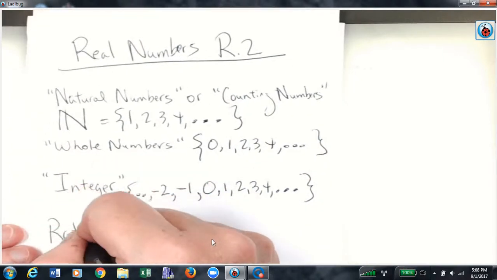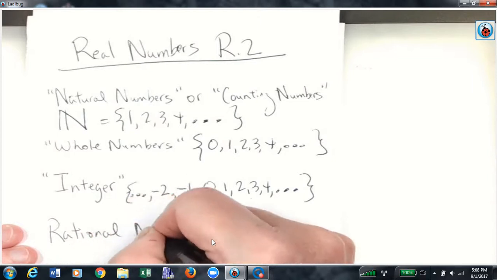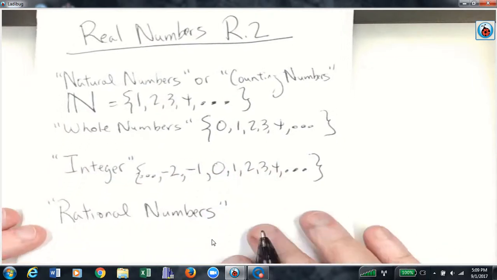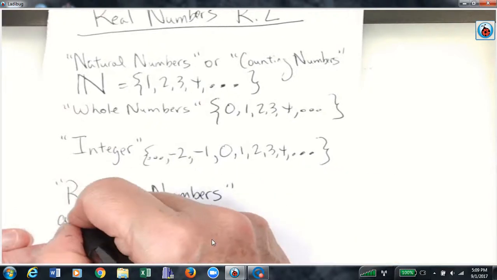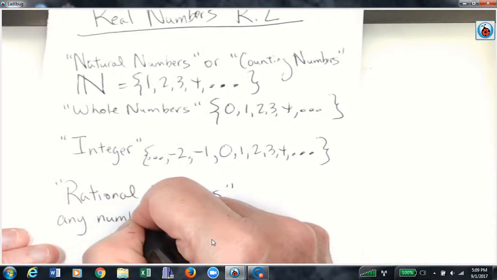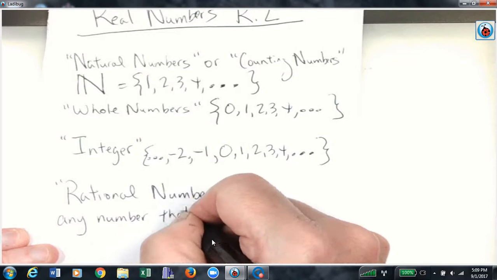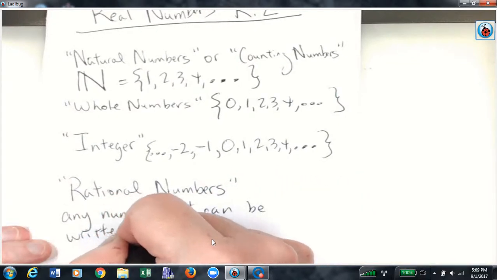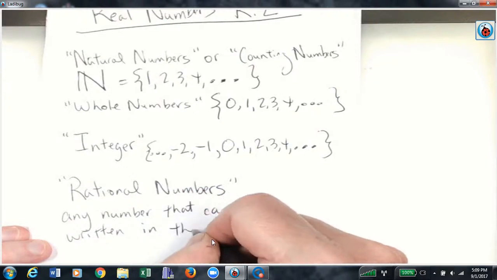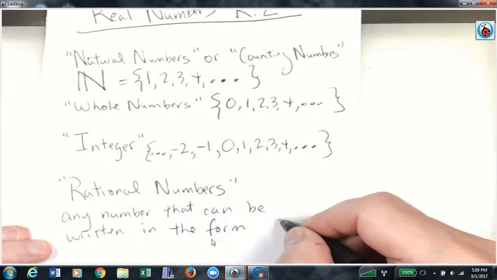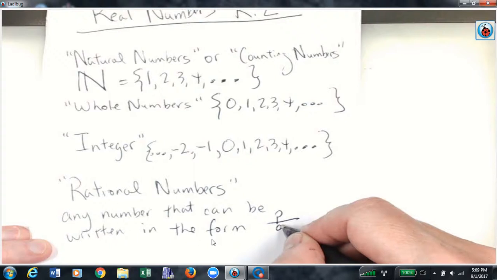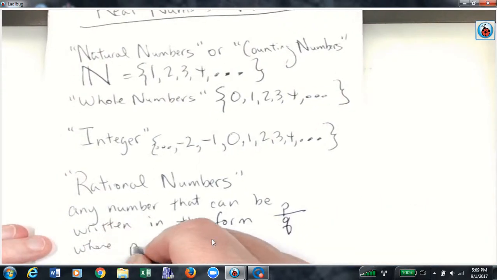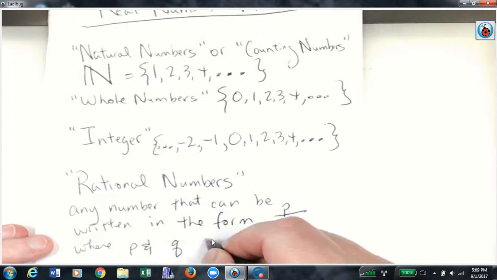Now we come to rational numbers. So a rational number is any number that can be written in the form of the fraction p over q, where p and q are integers.